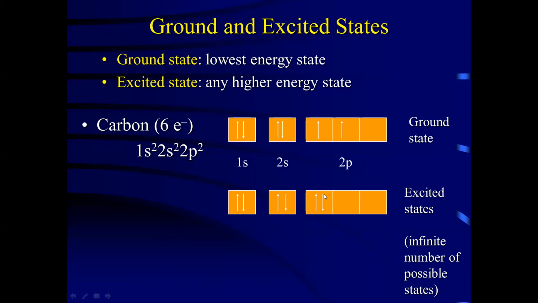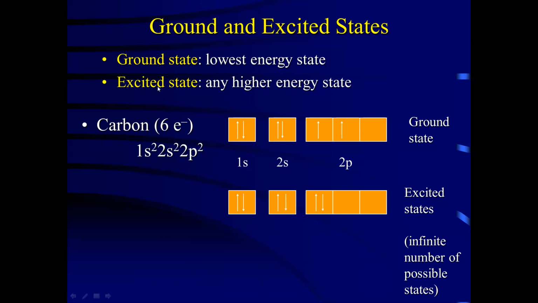In other words, electrons tend to fill like this: each orbital gets one electron first before any orbital gets a second electron. That will have the lower energy according to Hund's rule, which means this one has a higher energy.